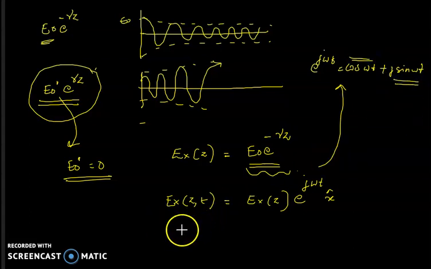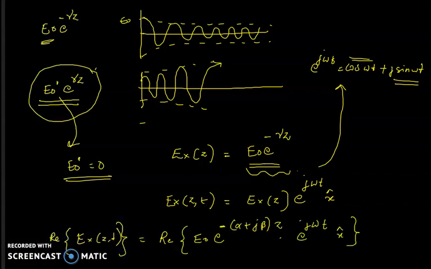Now let us take the real part of this function. Looking at the complex function, we have one constant term and an exponential term in j, and we can separate those two terms.